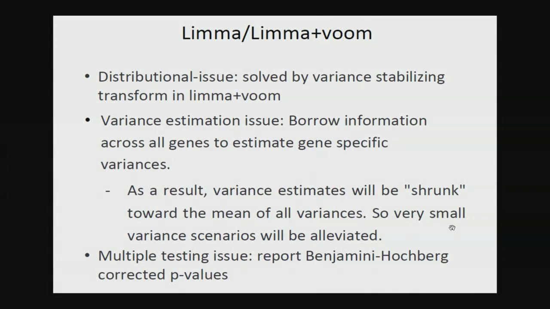And this is called a modified t-test. And for the multiple testing issue, Limma would report the Benjamini-Hochberg corrected p-values. You could specify other options, but this is the default one.